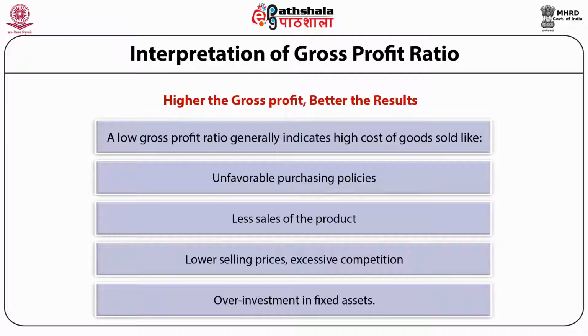But any significant change in the ratio should be properly investigated because an increase in the gross profit ratio occurs not only by change in economic factors like increase in selling prices but also due to certain misleading factors like overvaluation of the closing inventories or undervaluation of the opening inventories, etc. Yet, the gross profit ratio is one of the very important ratios for measuring profitability of a firm.